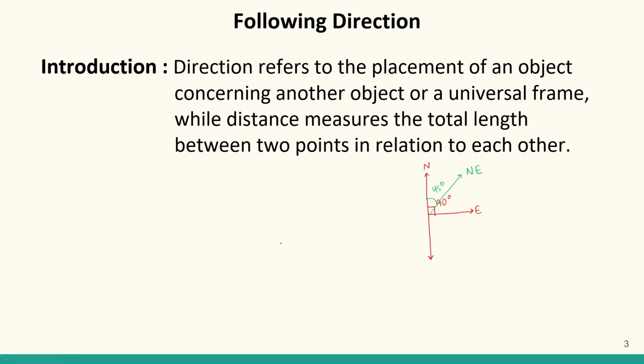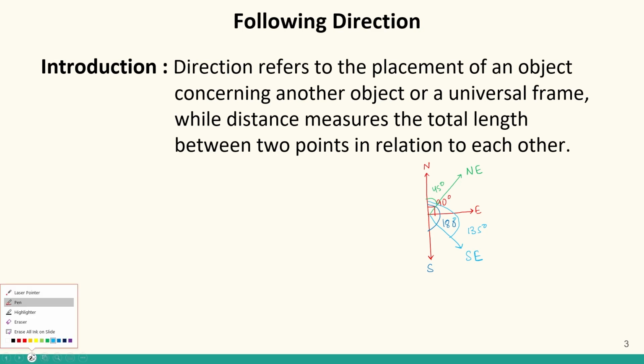Similarly, if I turn all the way to 180 degrees, I will be facing south. And if I turn only 135 degrees, so if I turn somewhere here, this entire thing is 135 degrees. So if I turn from north to 135 degrees, I'll be facing southeast.